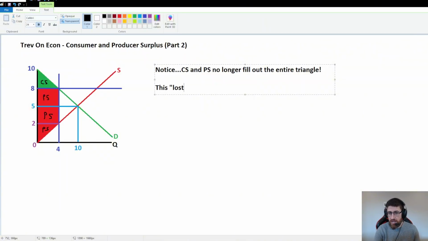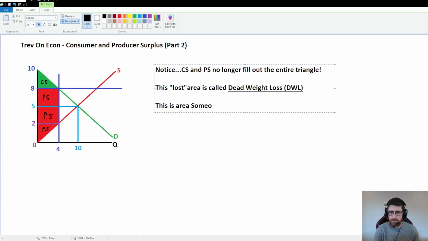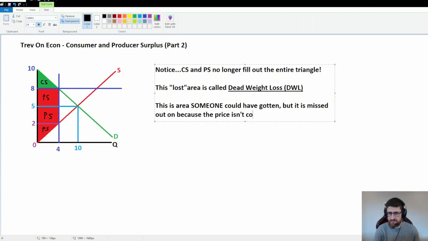This lost area is called deadweight loss, or DWL, as you'll often see. This is surplus that someone could have gotten, but it is missed out on because the price isn't correct, i.e. it's not at equilibrium, right?